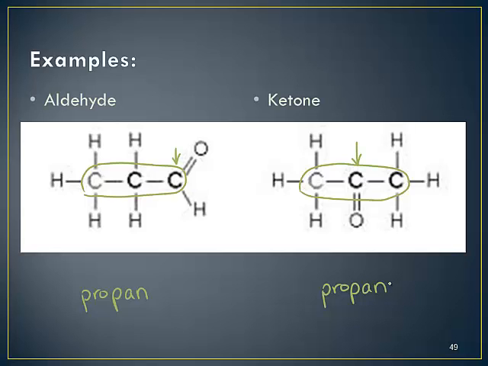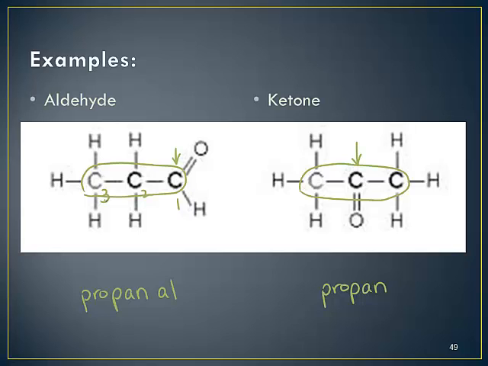So looking at how we place the name at the end of the chain here, we see that with the aldehyde, we add an "al". The difference here is that because there are no other functional groups, there's only one way to number the chain: 1, 2, 3. If you happen to flip it to the other side, so you numbered from the left, that would have to be where the aldehyde group was as well.